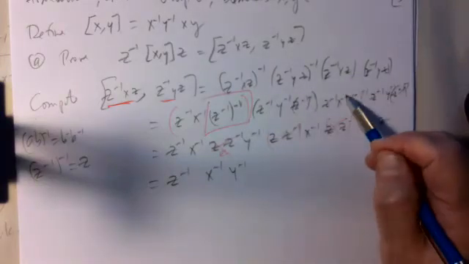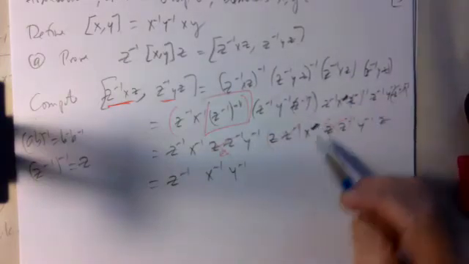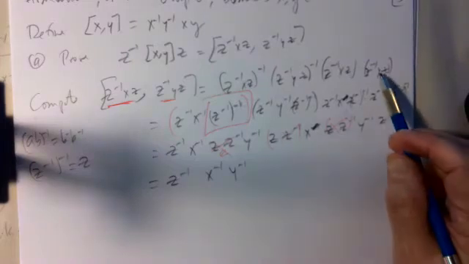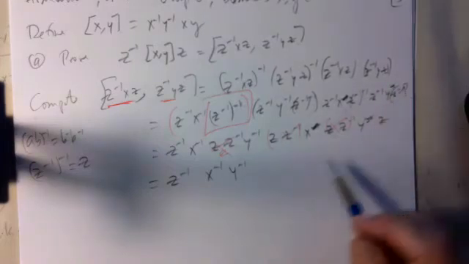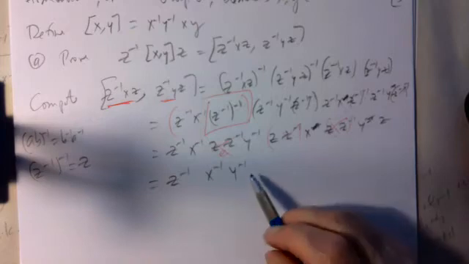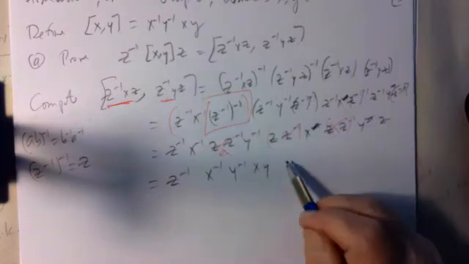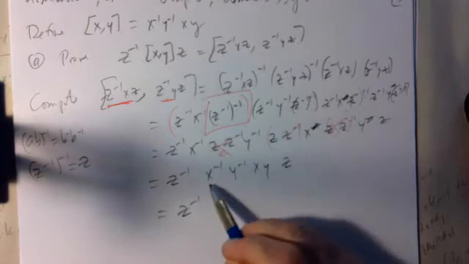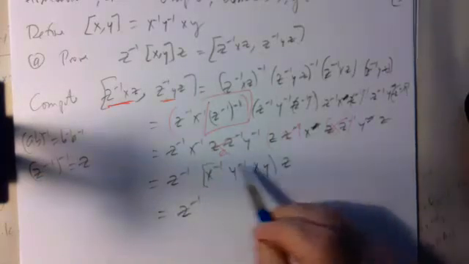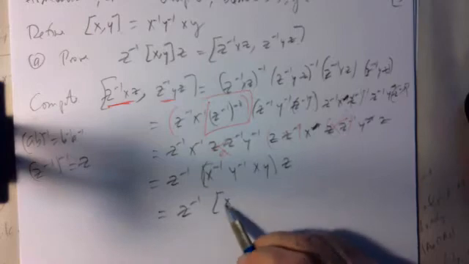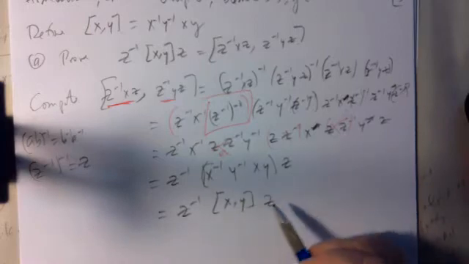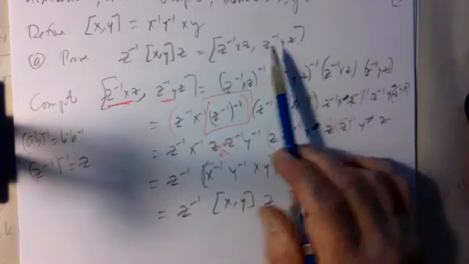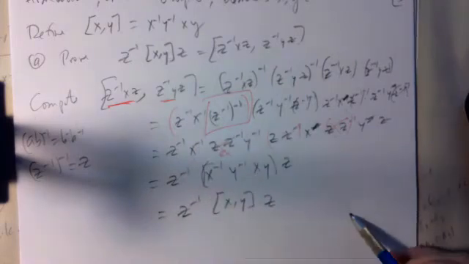You get X inverse, Y inverse, X, and Y. I don't know why I wrote Y inverse there. XY times Z, which is Z inverse, and this is the commutator of XY times Z. So this element equals this element.